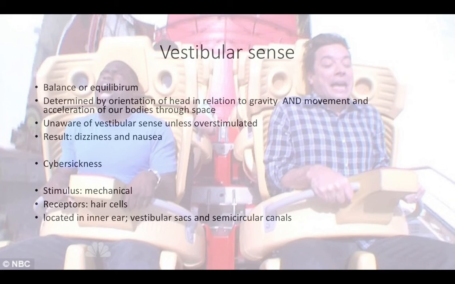The vestibular sacs and the semicircular canals detect movement in different directions, and that gets translated as movement of the fluid in those canals and sacs that will stimulate the hair cells.